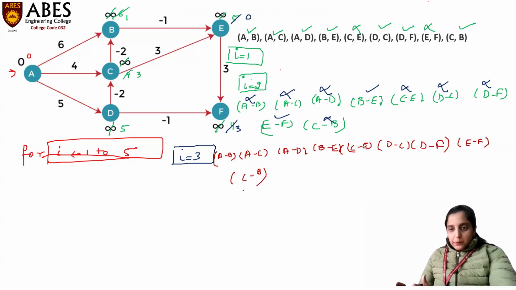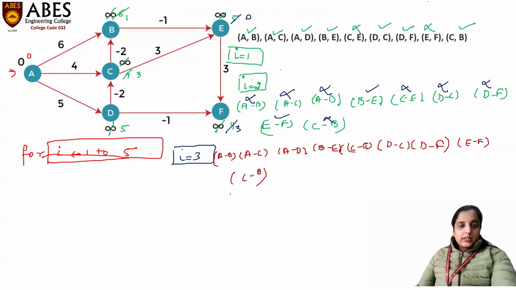So this similar procedure, again, you have to do. Again, you have to iterate this step. And after that, again, you have to run the loop for I equals to 4 and for I equals to 5 also.